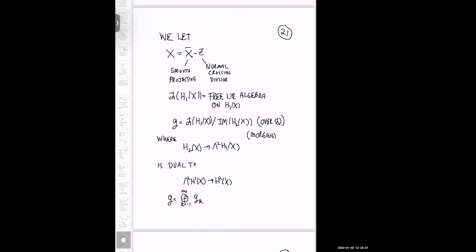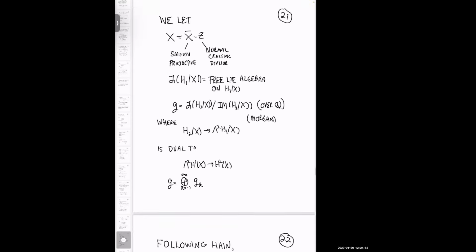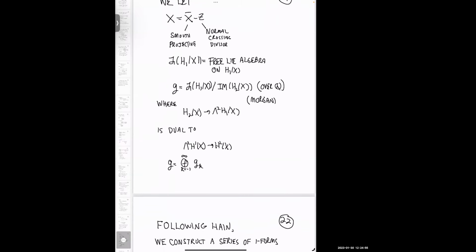So over Q. So this is basically what John Morgan did, where here the map from H2 of X to wedge 2 of H1 of X, so the degree 2 part of this Lie algebra is dual to just the usual wedge product on cohomology. And so G is a direct sum from -1 to infinity of these G sub K, or depending how you define things, you can put in a trivial degree 0 part.